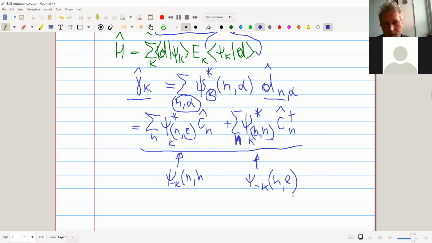And now compared with this formula, it appears to be just conjugation. So at opposite k, they're connected by conjugation.